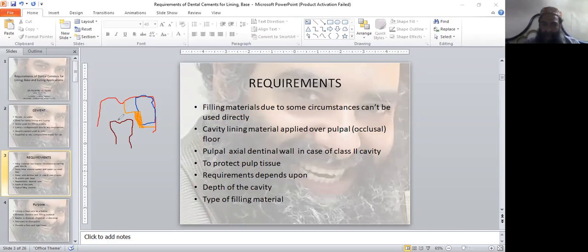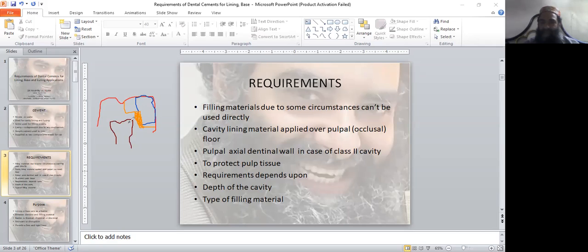It is the pulpal wall. This is the axial wall. It is also called occlusal. So pulpal, axial, dentinal wall. These are the two walls.